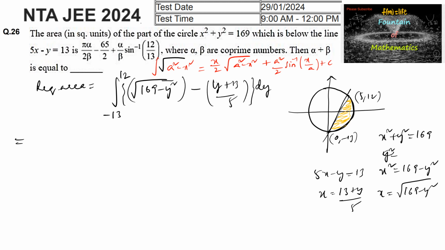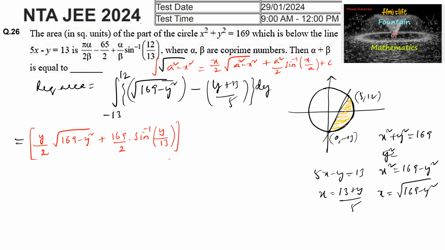So we can write here y upon 2 root of 169 minus y square plus 13 square, that is 169 upon 2, into sin inverse of y upon 13, plus constant.